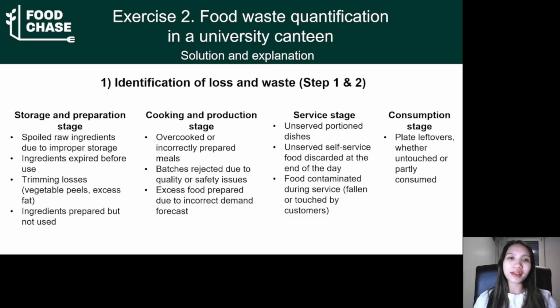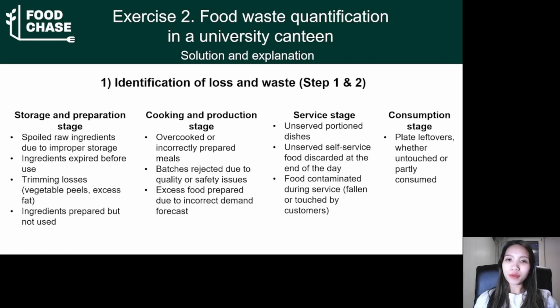The waste in this stage could be spoiled raw ingredients due to improper storage. Ingredients expire before use. The trimming loss, in particular the excessive trimming loss, like vegetable peel, excess fat. Ingredients are prepared but not used.